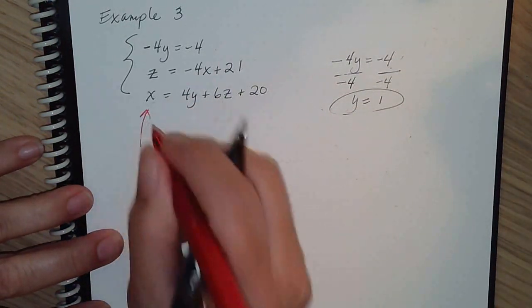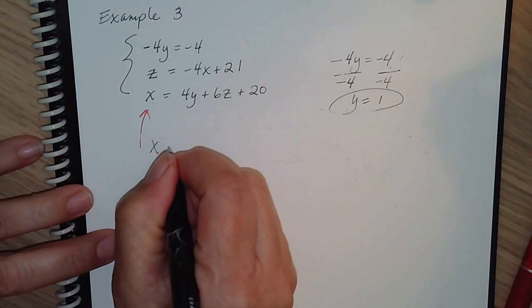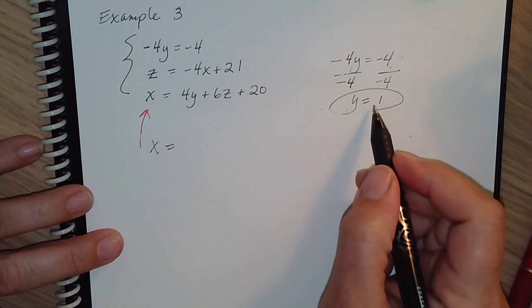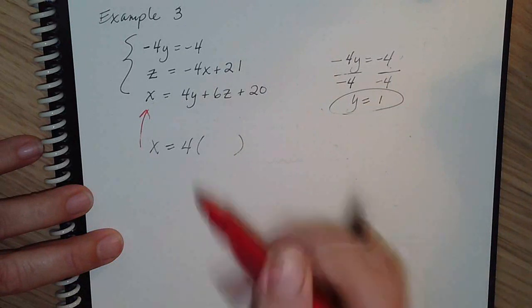So here, what I'll do is I'll rewrite this long equation, and I can substitute for y because I found that y is 1.